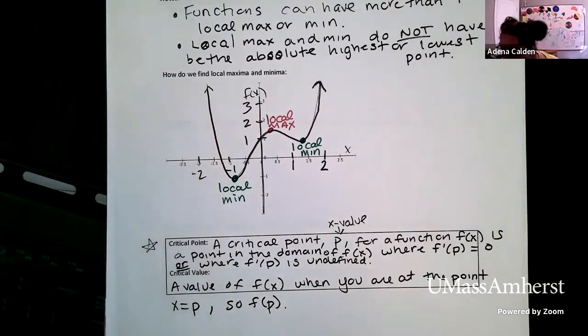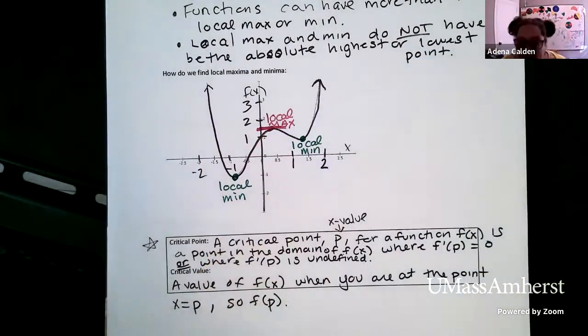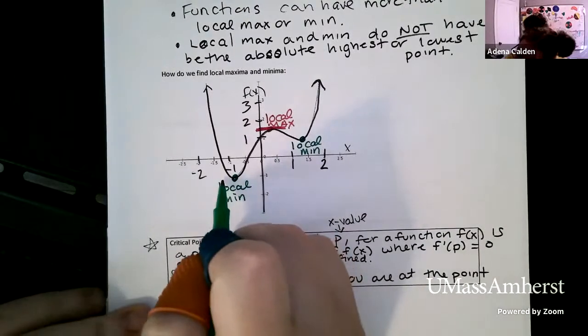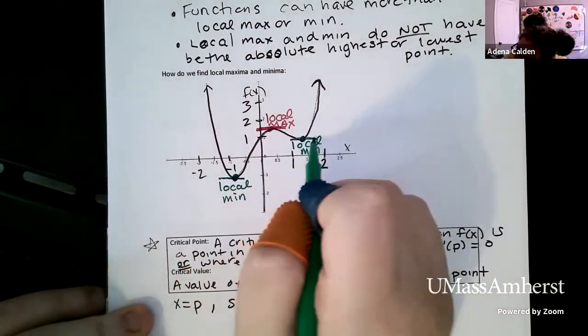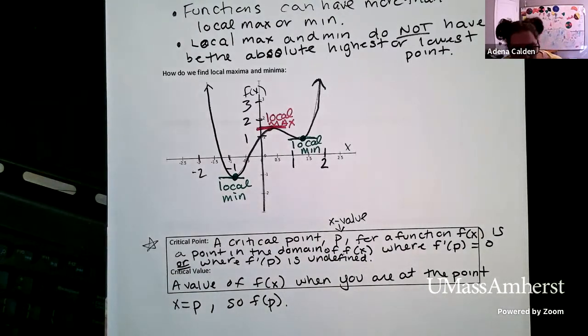Now, why do we want this critical point? So what I want you to notice back in our picture is that this local max, if we were to draw on the tangent line, that's a horizontal tangent line. And for our local mins, if we were to draw on the tangent line, these are also horizontal tangent lines. So what does that mean? That means at these points where we have local maxes and mins, the derivative equals 0.